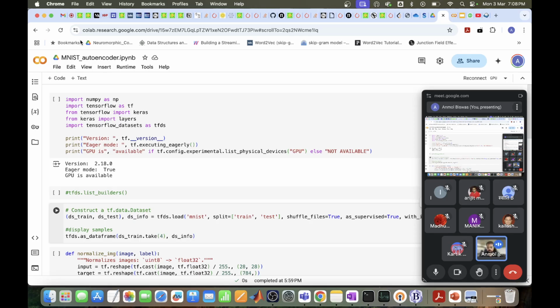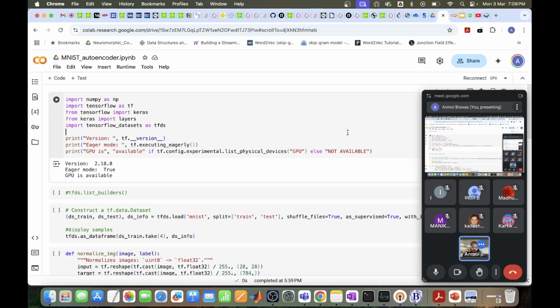In fact, if you want to use GPUs, there's some limited free availability that they allow people to use. For this kind of small thing, you don't really need GPUs. So let's start over here.